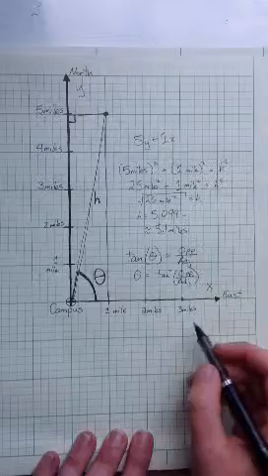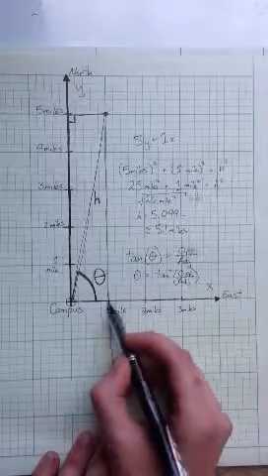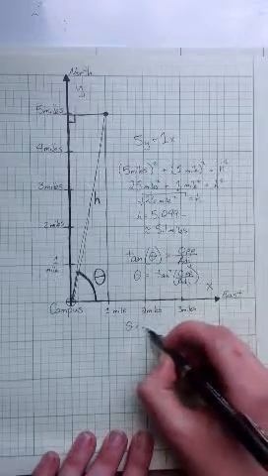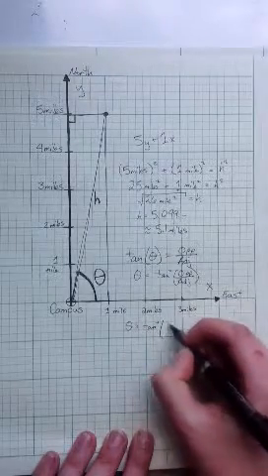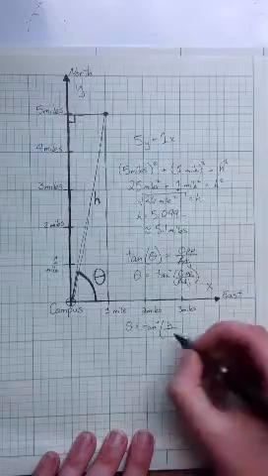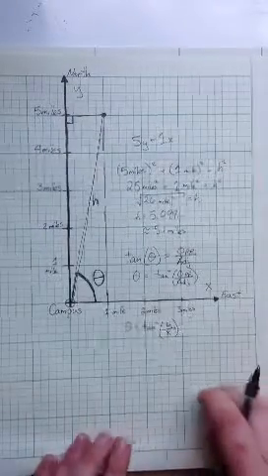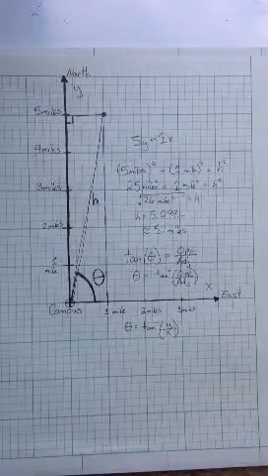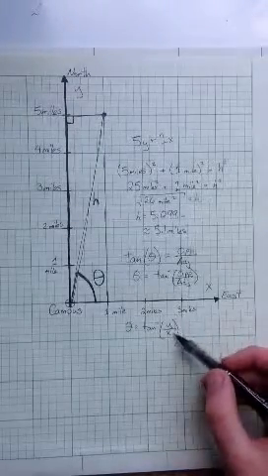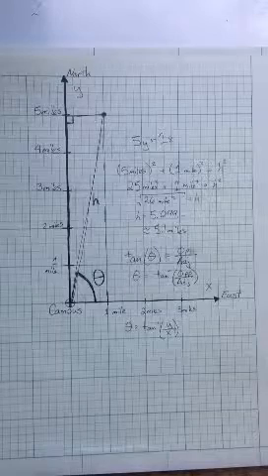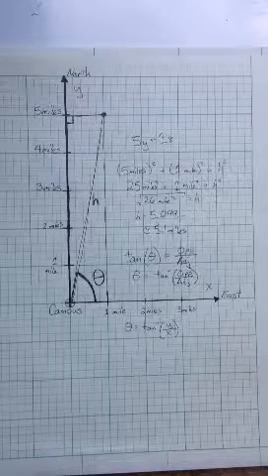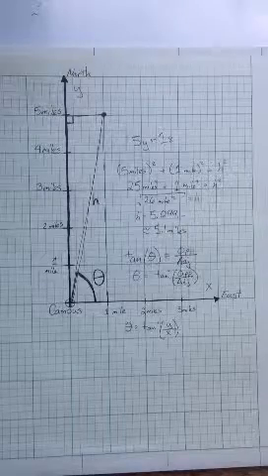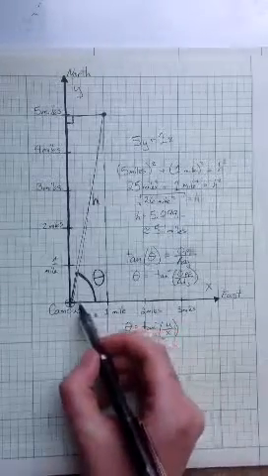Well, if you're always looking off of the x-axis, your opposite is always going to be your y direction, and your adjacent is always going to be your x direction. It's important to understand the definition of why this one's y and this one's x, because of the opposite and adjacent, but you can sort of keep it in your mind that it's always going to be y over x if you're going off of the x-axis.